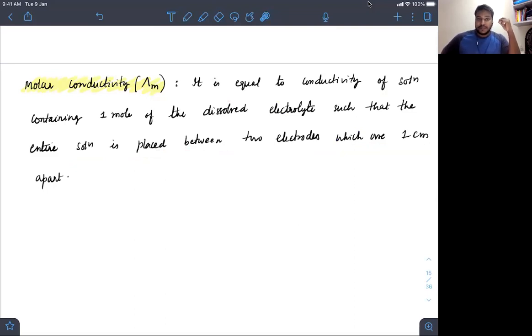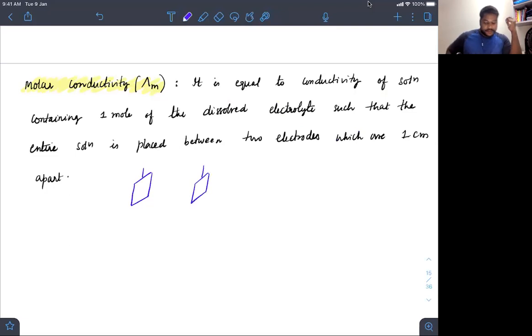What does this mean? Suppose you have electrodes this way and there is one more electrode here. Sorry, these are electrodes.